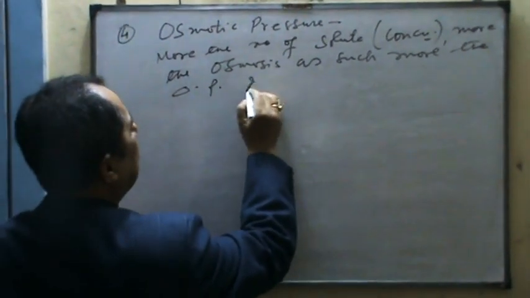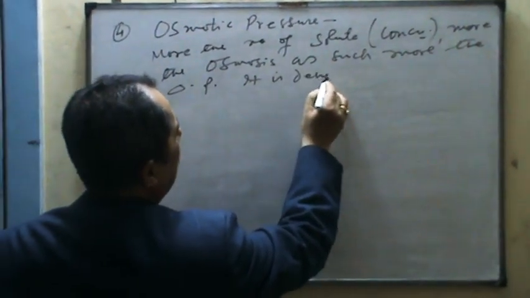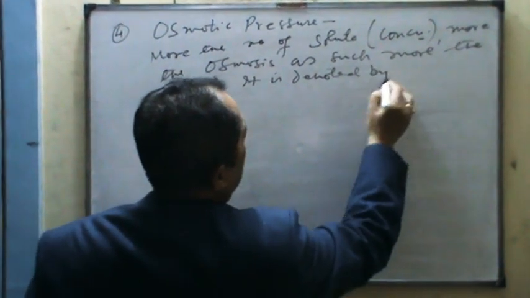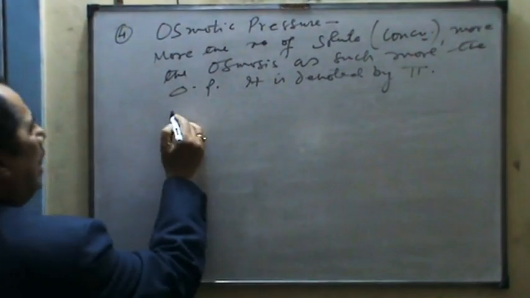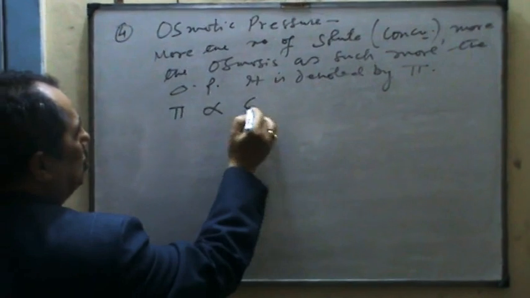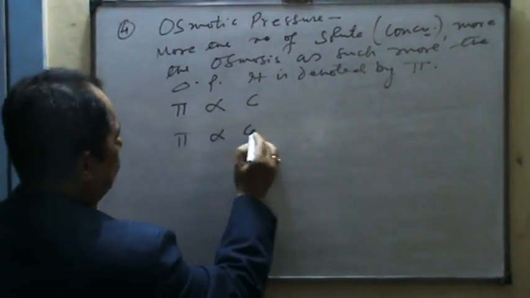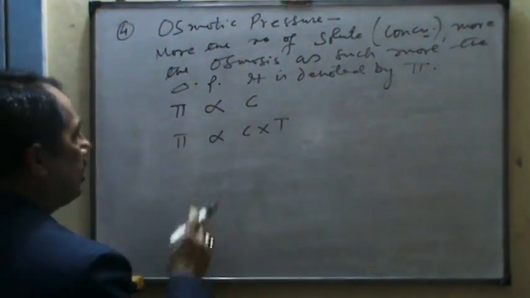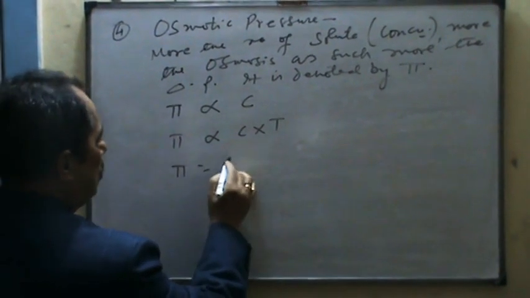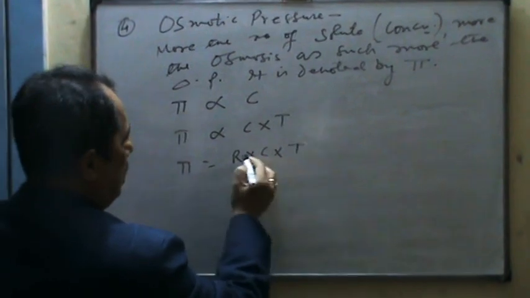Mathematically, it is denoted by pi, and pi is directly proportional to the concentration and temperature. So you remember it, pi is equal to R into C into T.